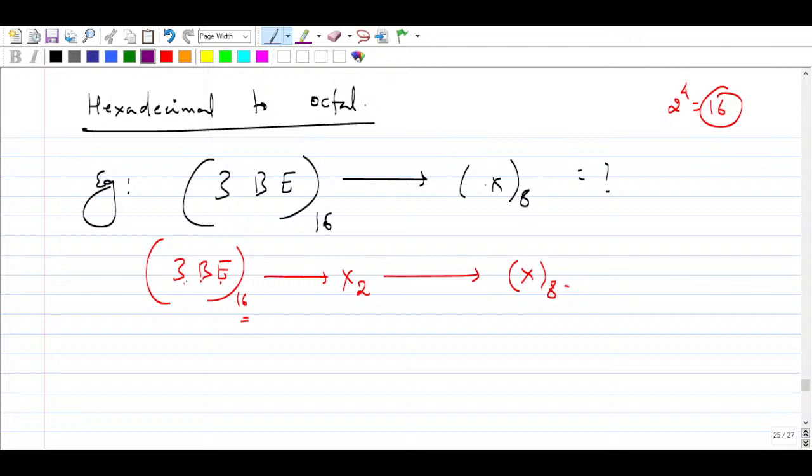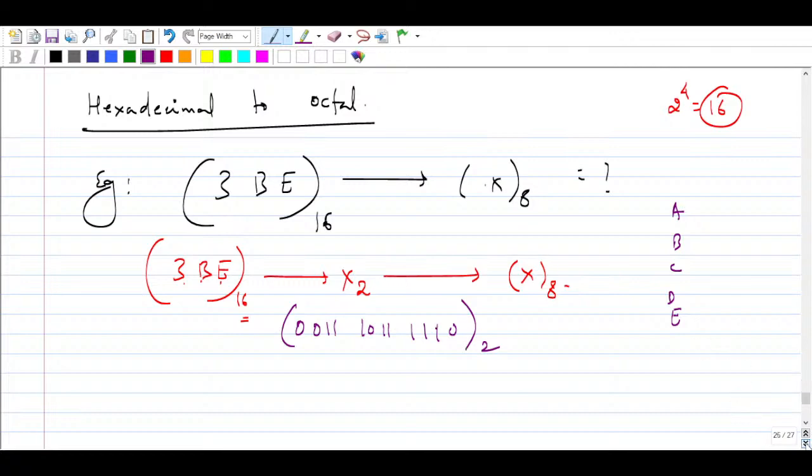So directly you can write 3BE, right? You can convert: the corresponding 4 bits for 3 is 0011, and B is 11, so that is going to be 1011, and for E, it is going to be 1110 in binary.